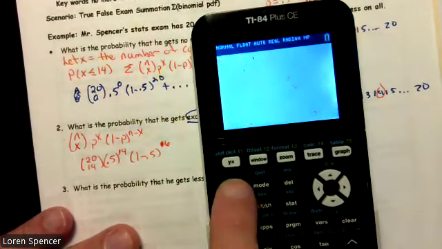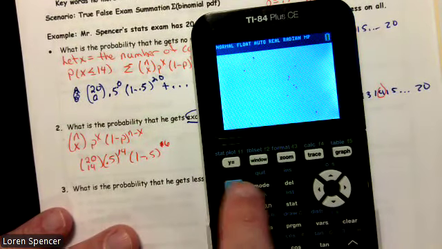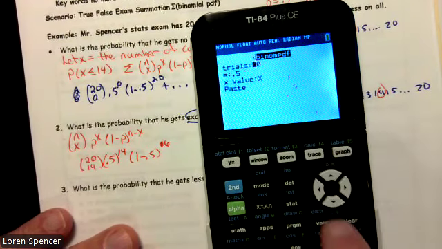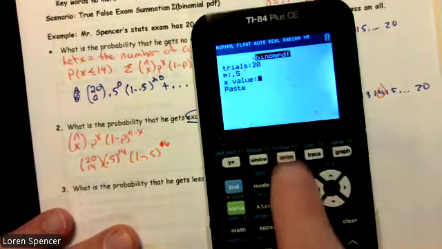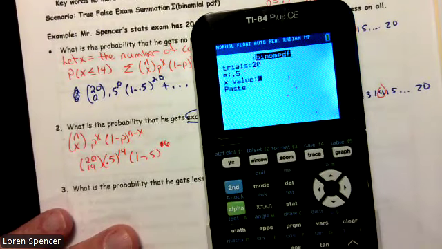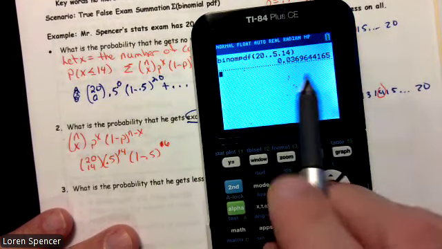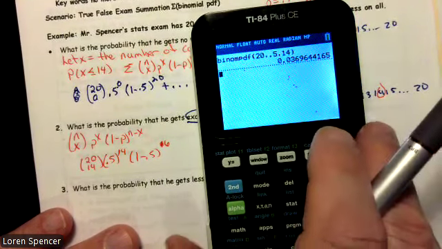There's no summation sign, so I don't have to go to the summation. I just go second vars, binomial PDF, 20, 0.5. My x is no longer x. I have to change it to 14. And this is because it's an exact value. It's a singular value. So it equals 0.0369.